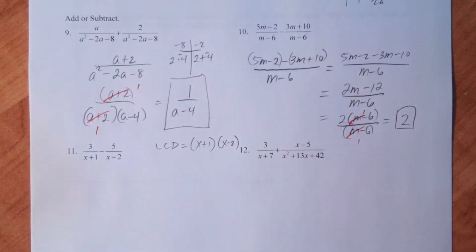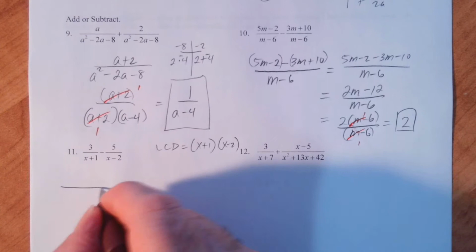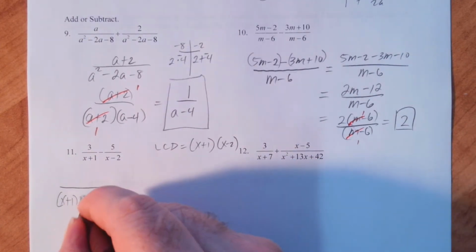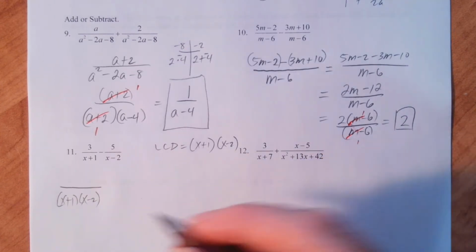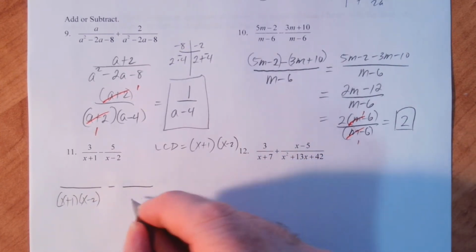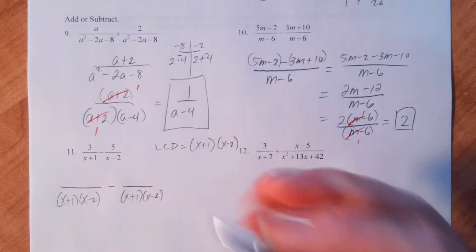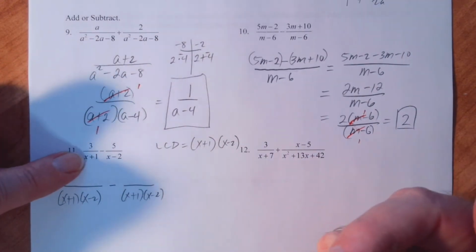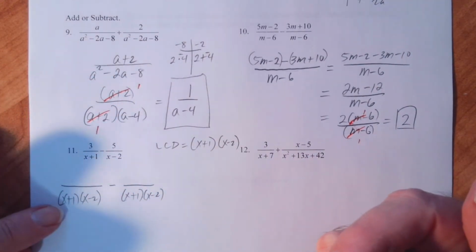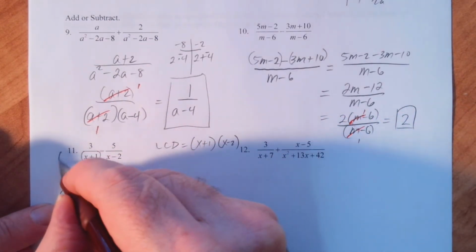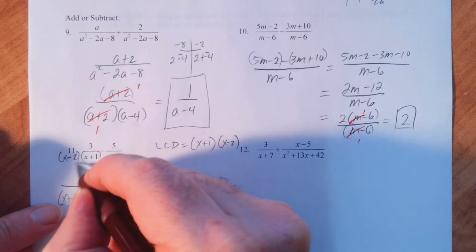Now, we need a common denominator. We're going to rewrite the fractions so that they have this new denominator. Now I can't just change this denominator from x plus 1 to what I have here. What I basically need to do is multiply by x minus 2.